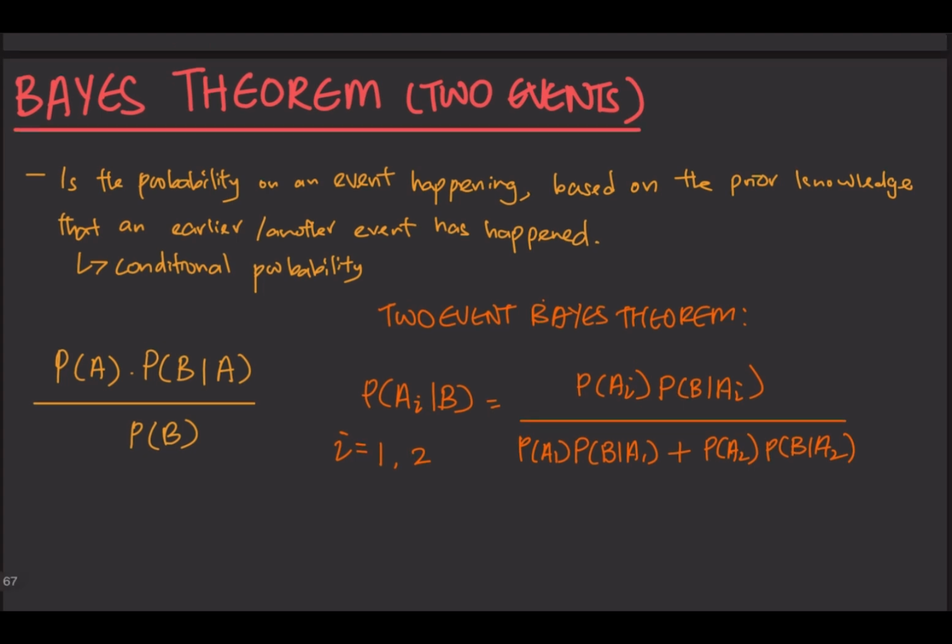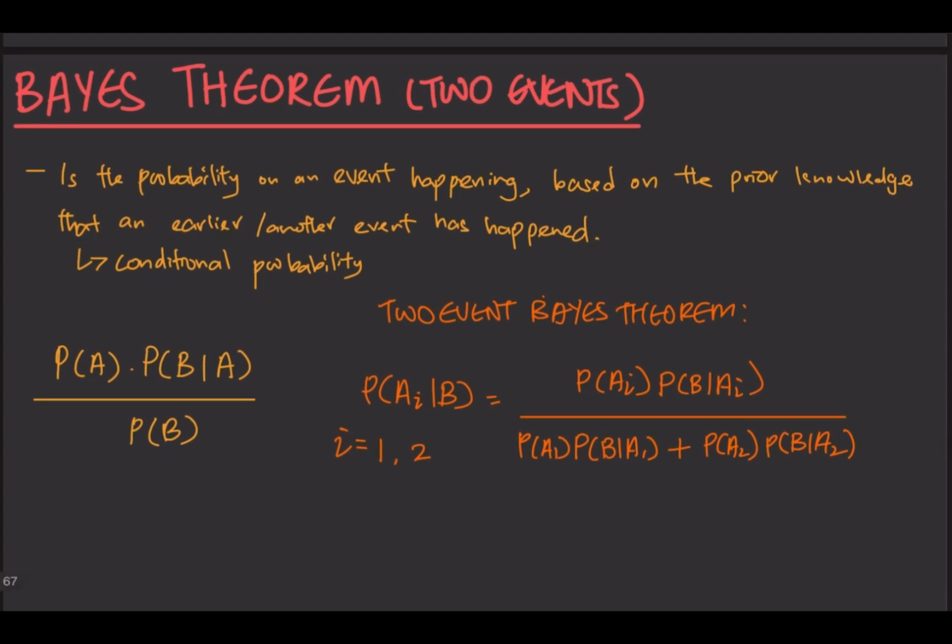So basically we can choose whether we want to find the probability of event 1 and we divide by the bottom part, or we can find the probability of event 2 divided by the bottom part.